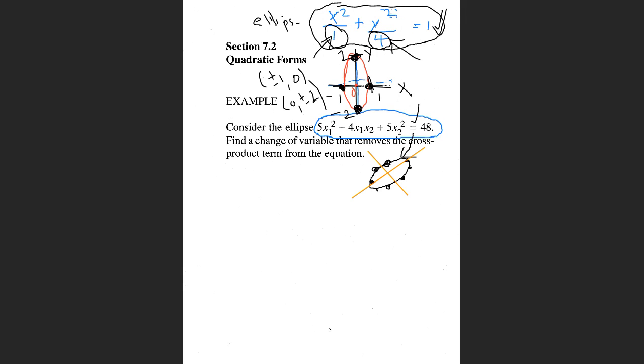If we look at the left-hand side of this equation, it is 5x1 squared minus 4x1x2 plus 5x2 squared. What kind of form is that? The left-hand side of that equation.